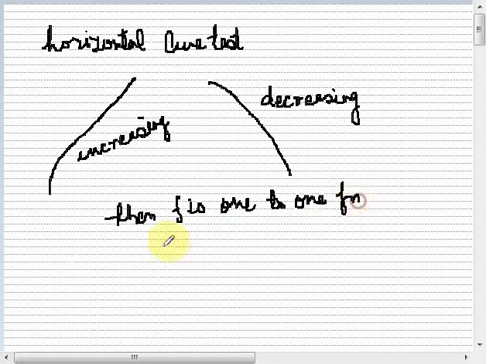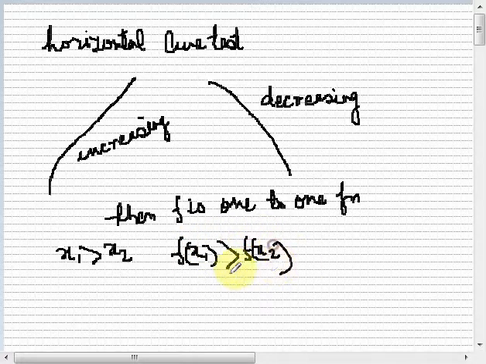What is meant by increasing? For x1 greater than x2, f(x1) is greater than f(x2) for all x, then it is an increasing function.